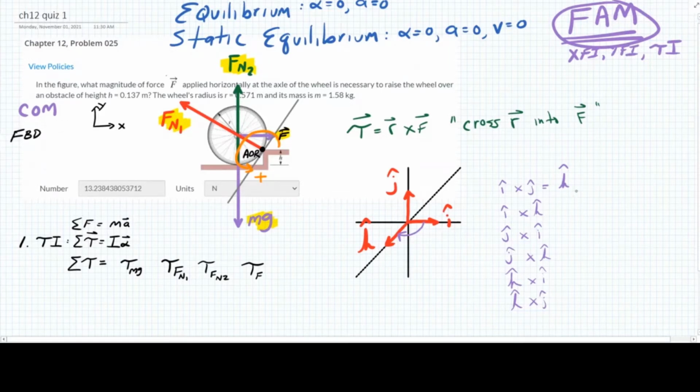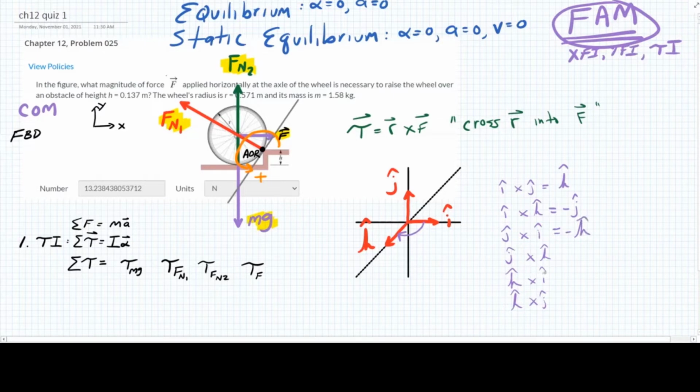This is showing negative J. You might have learned this through a mnemonic, a rote memorization scheme or memory trick, which is fine. But knowing how to do this with the right-hand rule will pay dividends. J cross I, I have to curl J into I, that's minus K.